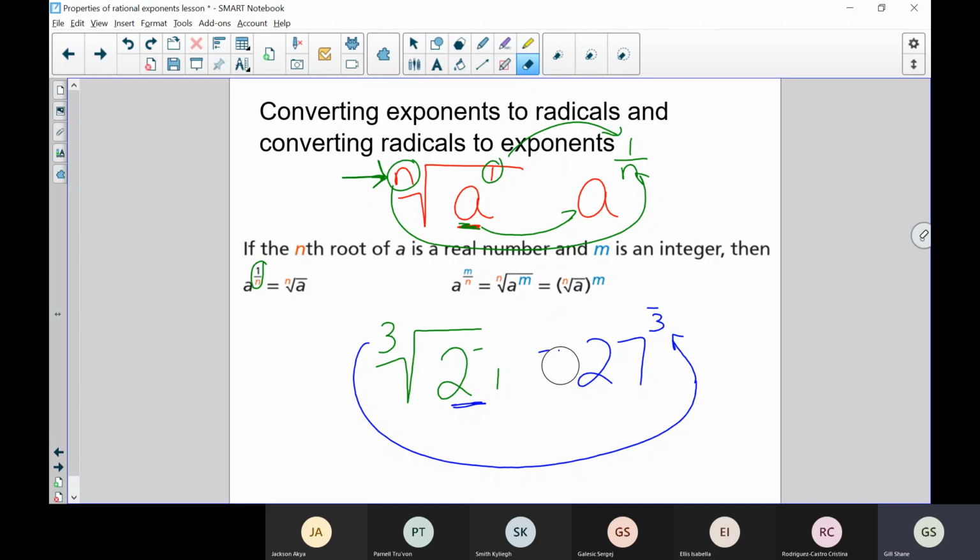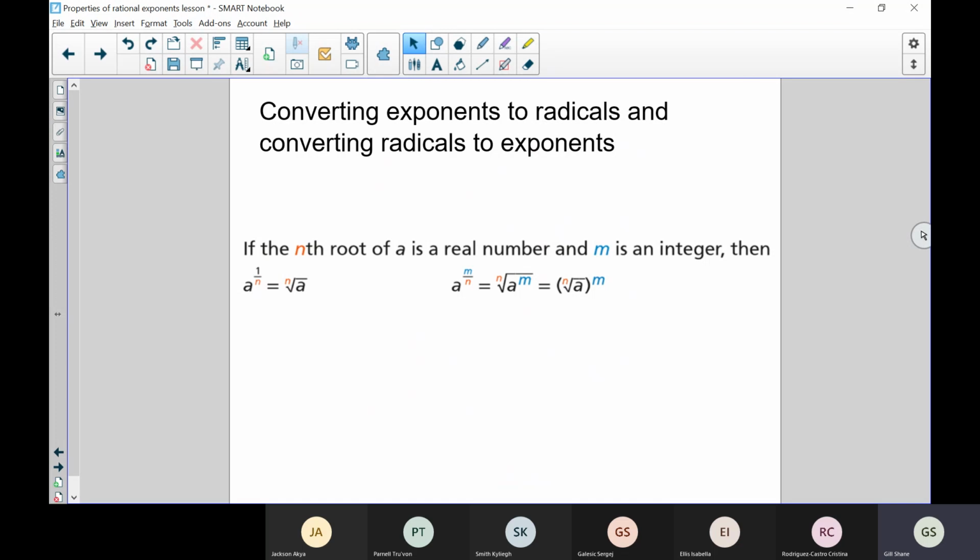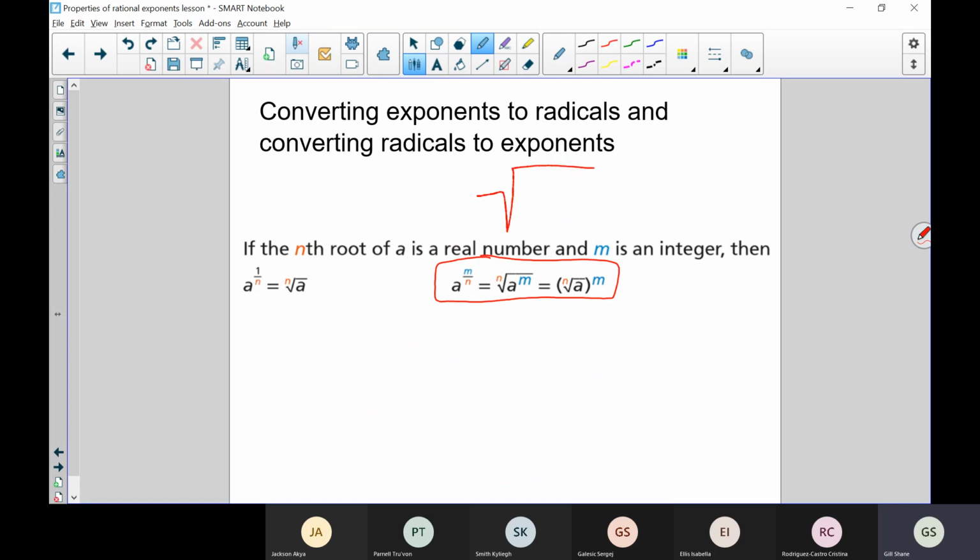So now if we look at the second part of this, the second part of this is really just the same thing. Only all we're saying is underneath the radical symbol. So again, this is the radical symbol.